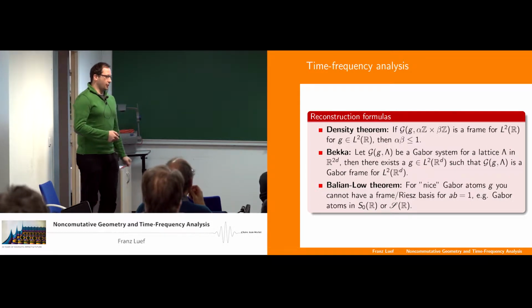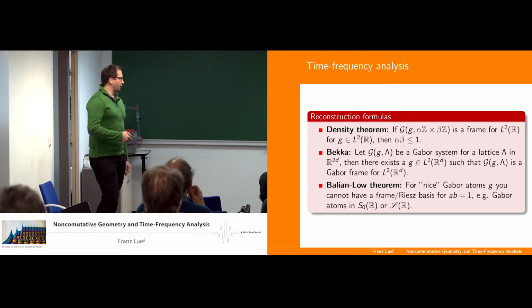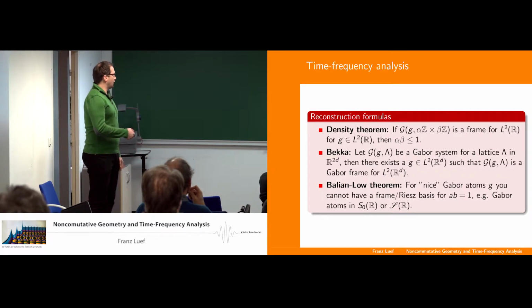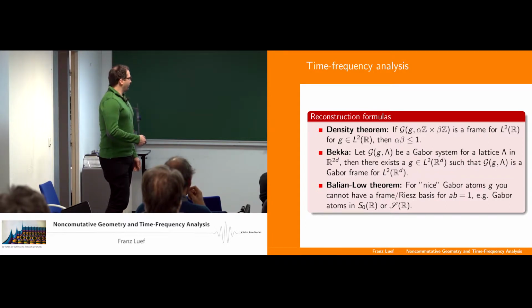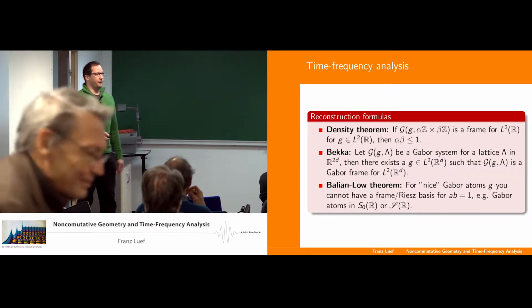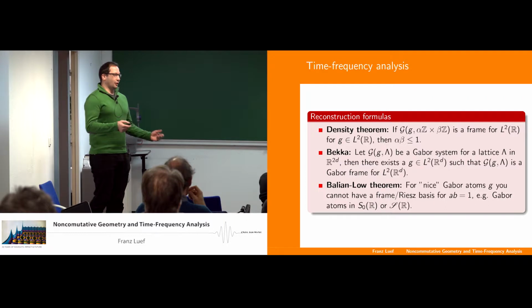Using this approach that I will explain, you will see how operator algebras fit in and actually allow you to prove these results, but also to prove them for nice functions like in S0 or the Schwartz class. And the other thing I will talk about later is the Balian-Low theorem, that you can't have nice Gabor systems or orthonormal bases at the critical density.